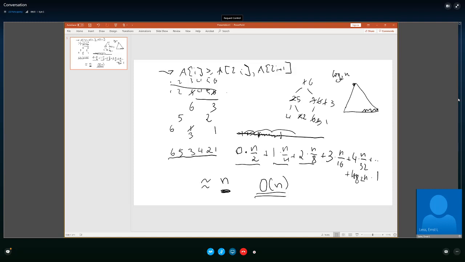So even though it looks somewhat complicated to do, it actually is a quite efficient way of getting a heap out of an arbitrary array.